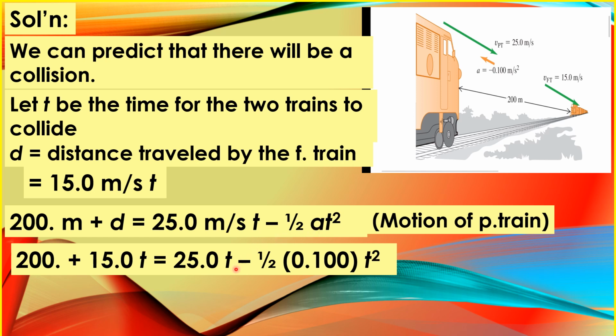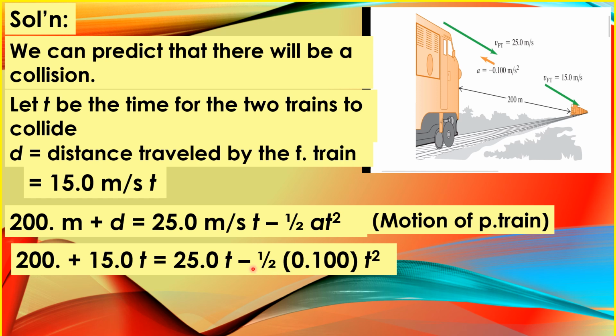So, without using a plus sign and then putting a negative sign to the value of a, we just do it this way, minus 1/2 the acceleration 0.100, and then to be multiplied by the variable t squared.